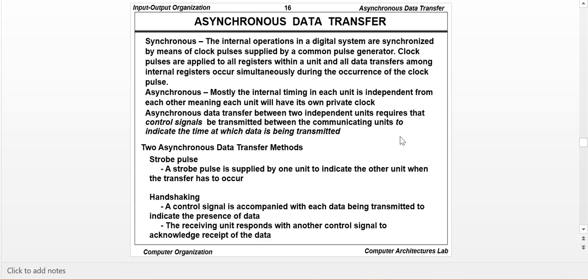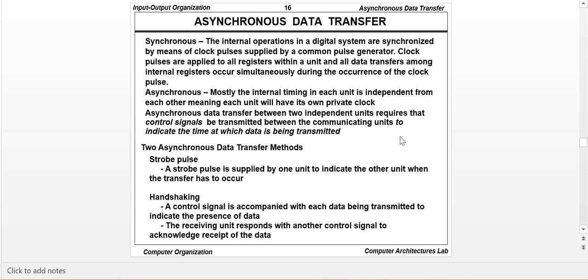Now we have to understand that the transfer within one unit is synchronous. Data transfer between two independent units is always asynchronous. But there can be synchronous data transfer between two different units also, though that is not what we are going to see.